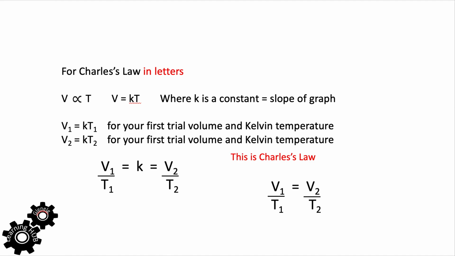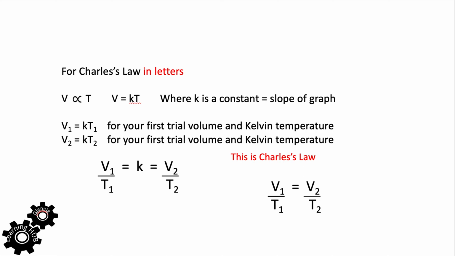So if I pick a point 1, so volume 1 and temperature 1, could be the first trial that we did. The other one could be the second trial or the fourth trial, doesn't matter. As you process it, V1 over T1 equals the slope, and V2 over T2 equals the slope.